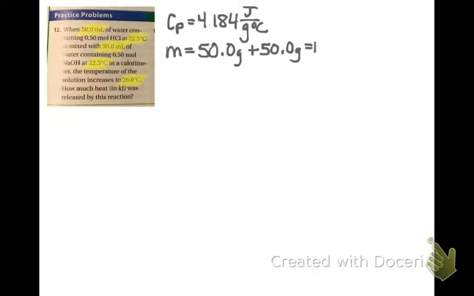And so I have 100 grams of water. So that's my mass. And then my delta T, the temperature is increasing, so my final temperature is 26, and my initial temperature of the liquids was 22.5, so my delta T is 3.5 degrees C.